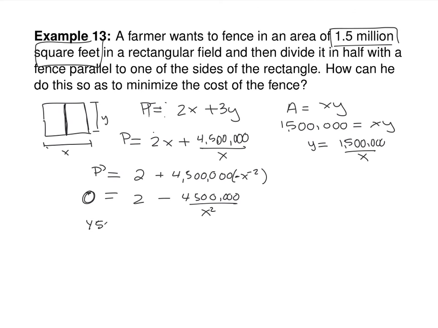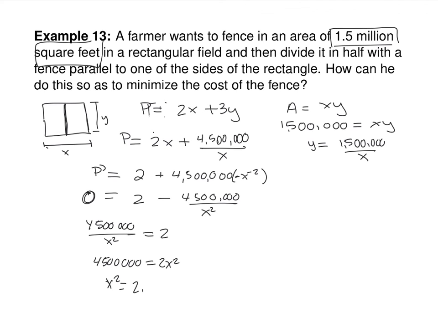So 4.5 million over x squared equals 2. 4.5 million equals 2x squared. X squared is, what's half of 4.5 million?